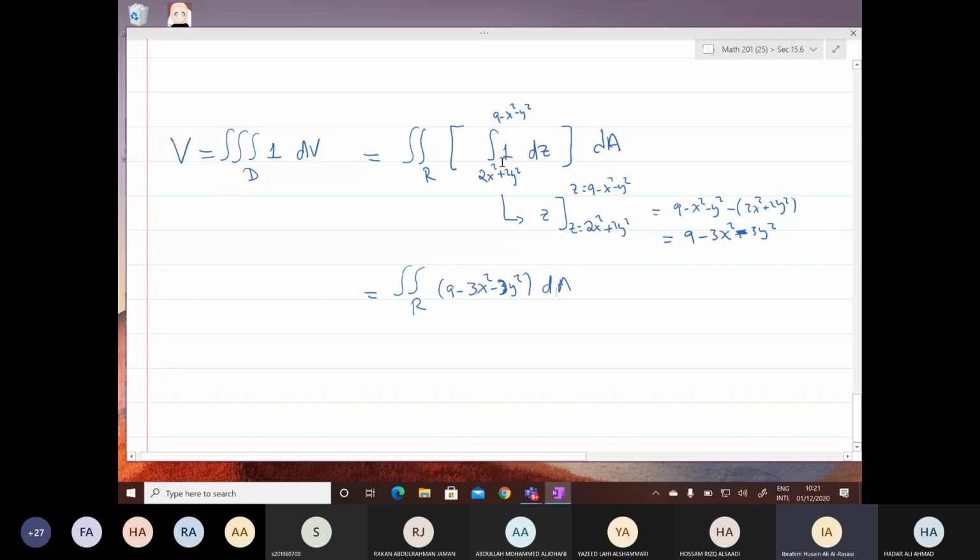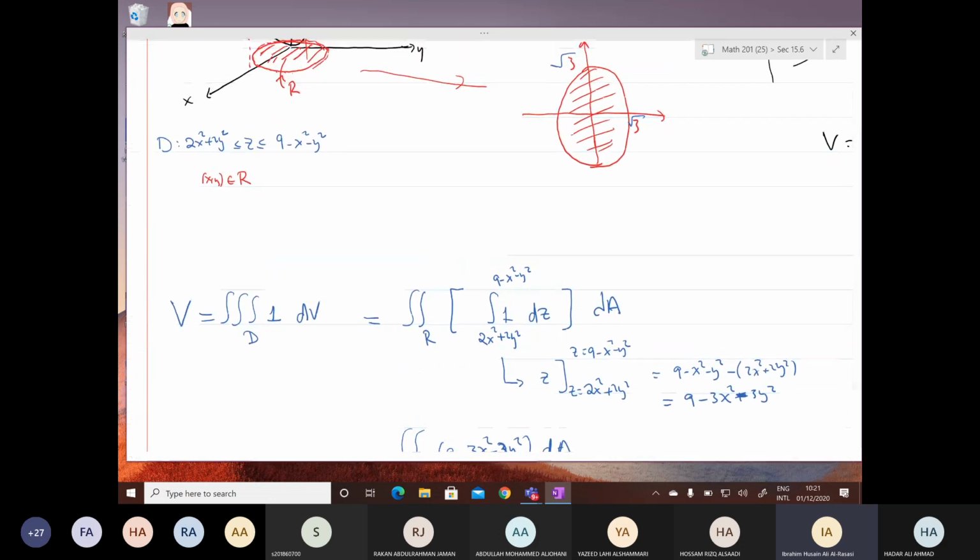After integrating the inner integral, I end up with a double integral. Now I describe R. R is a disk, a circular region. Which is better, rectangular coordinates or polar coordinates? Polar coordinates.